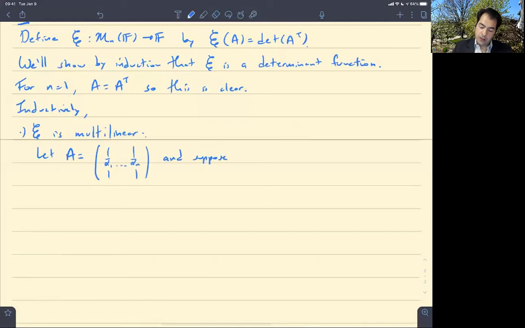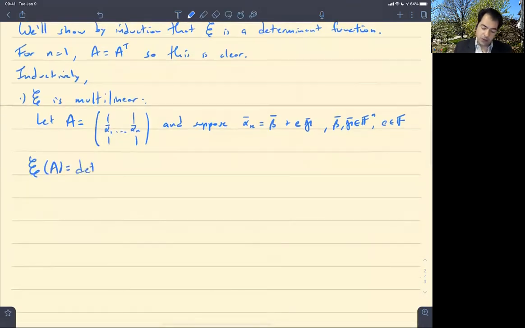And suppose that one of those columns, alpha k, is equal to a linear combination of beta and gamma. So here, beta and gamma are vectors, and E is a scalar. Okay, so E of A, by definition, would be the determinant of A transpose.